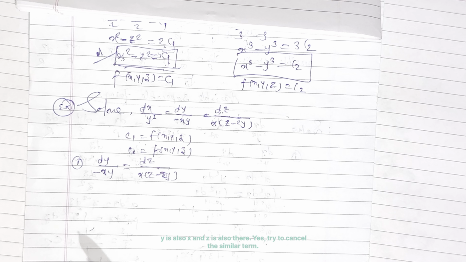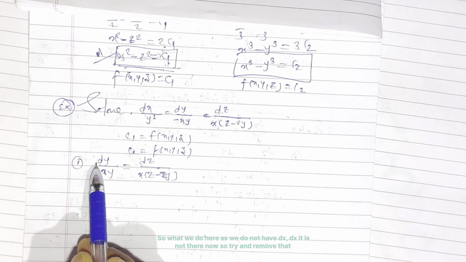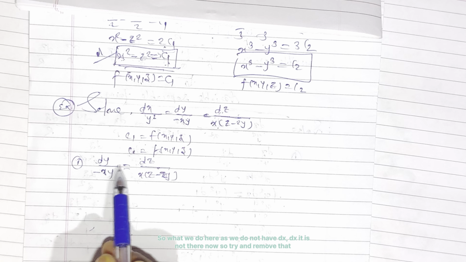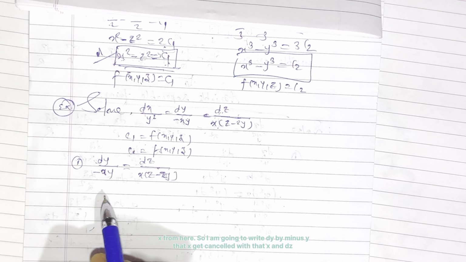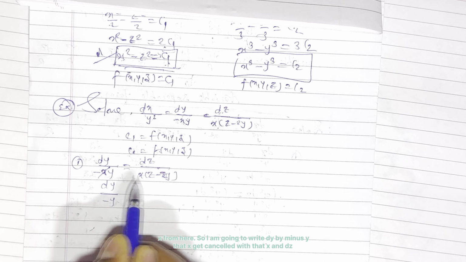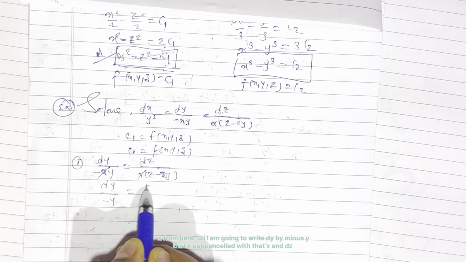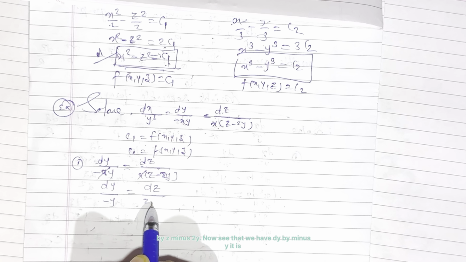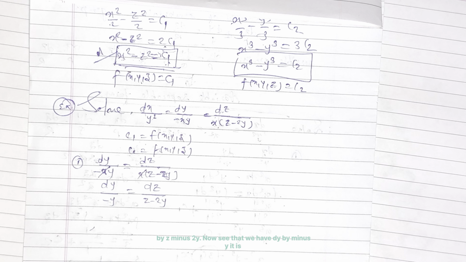Try to cancel the similar term. As we don't have dx, remove that x from here. So I'm going to write dy by minus y, that x gets cancelled with that x, and dz by z minus 2y.